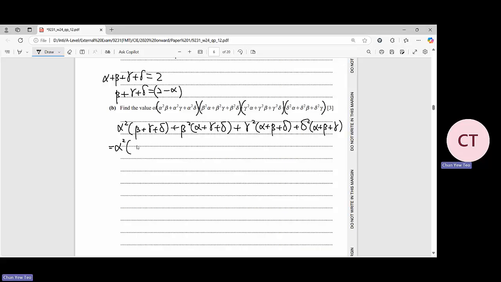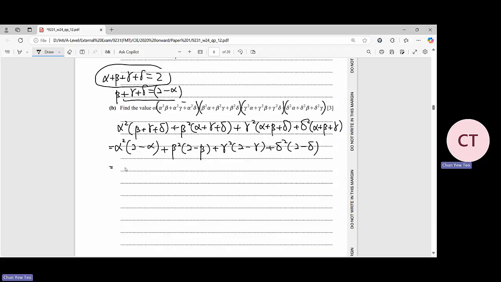So I can make this become 2 minus alpha. Similarly, I will make this become 2 minus beta, this become 2 minus gamma, and this one become 2 minus delta. So we are applying this result and this concept, and we can get this result.